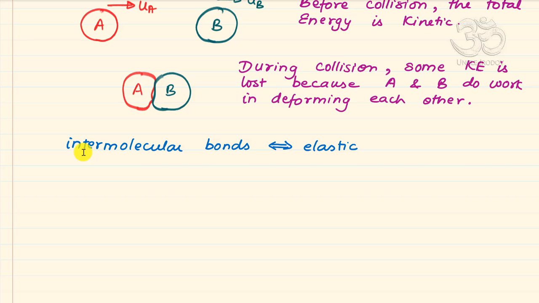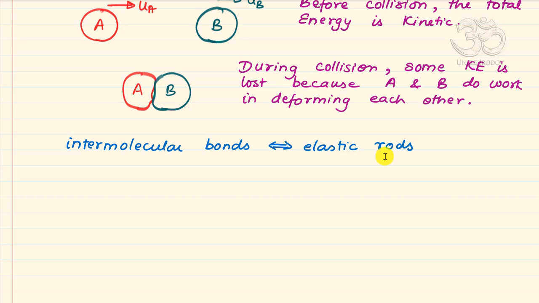So that steel rod will be extended by a certain amount, or deformed by a certain amount, or maybe bent by a certain amount, and that will never undergo a reversal. So some energy will always be lost there. So these intermolecular bonds behave like that. They behave like elastic rods.